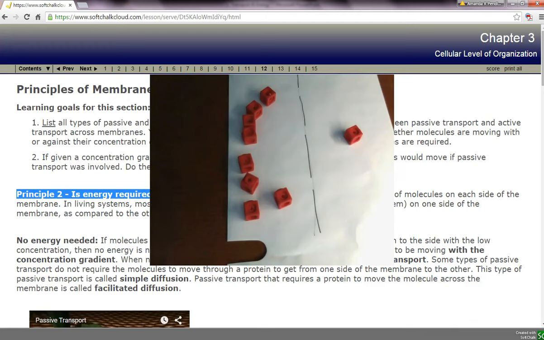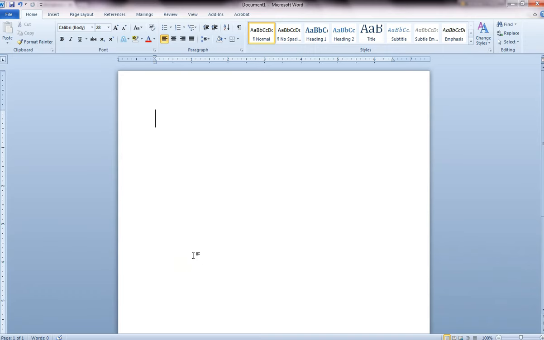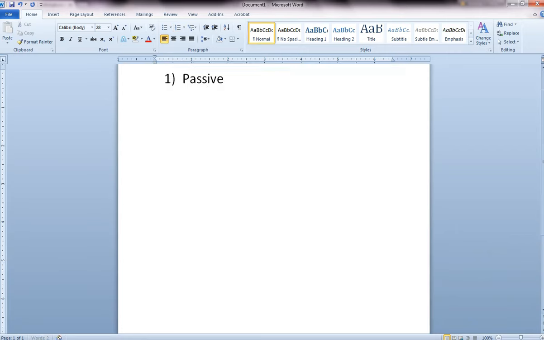Okay. All right, so let's merge some vocabulary words into this concept. Okay. So we have 2 types of transport. We've got passive transport, and we've got active transport. Okay, with passive transport, you are always going from a high concentration, and concentration just means amount, to a low concentration.